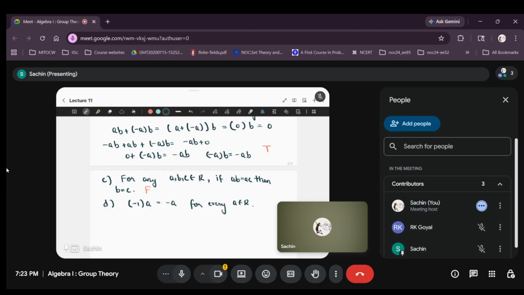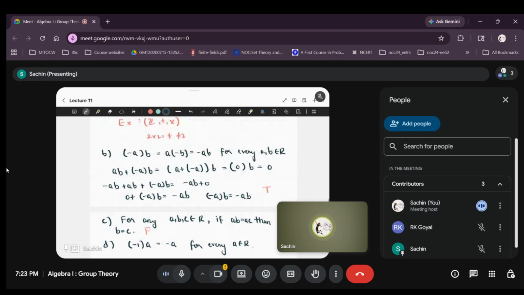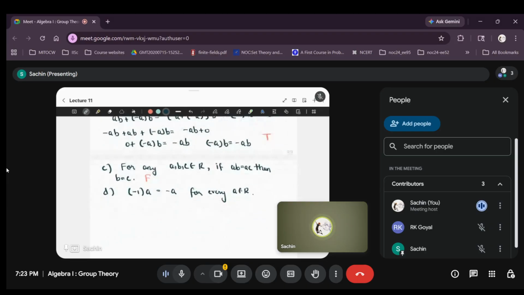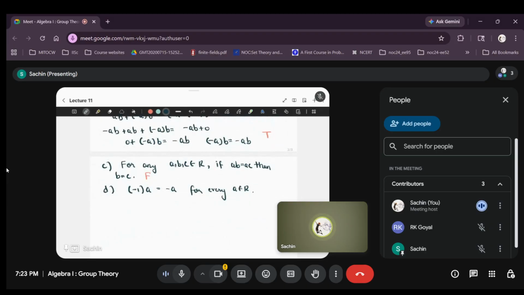Yes. Again, similar to part B, we just show that when you add minus 1 times A to A, you get 0. That means that minus 1 times A is the inverse of A. Minus A is the element such that if you add it to A, you get the zero element. If I show that minus 1 times A, when I add to A, gives the zero element, then I'm done.